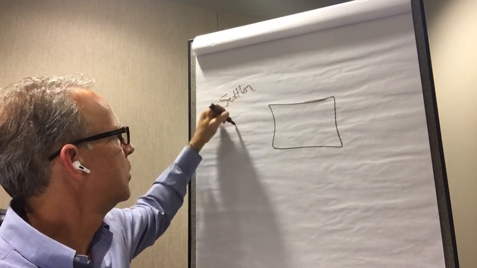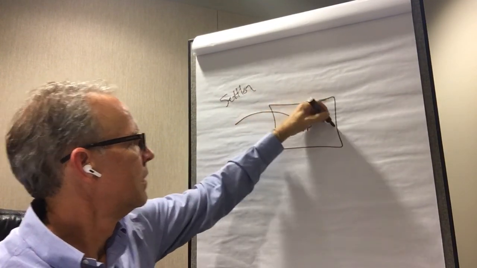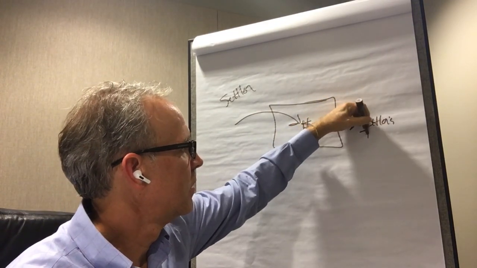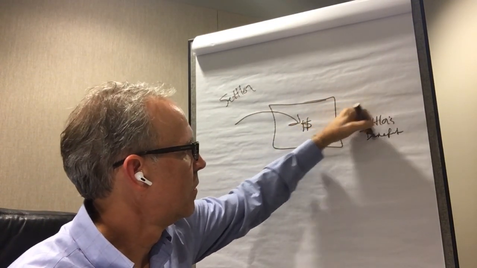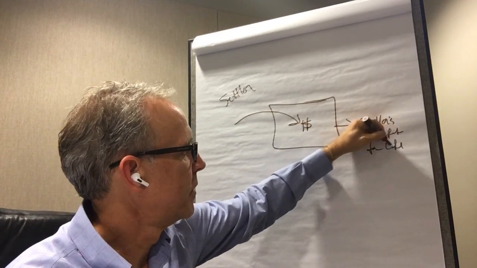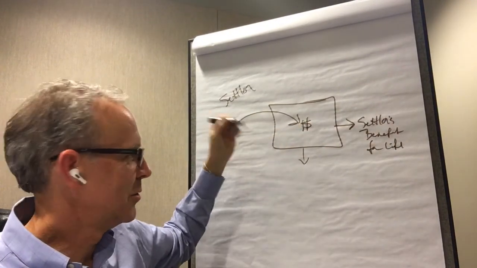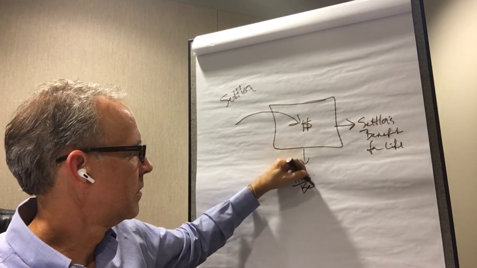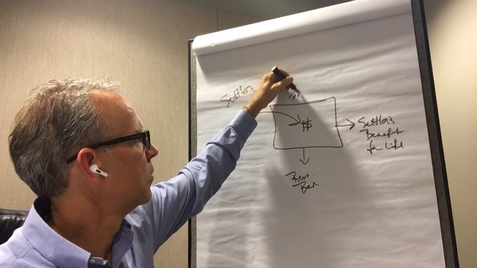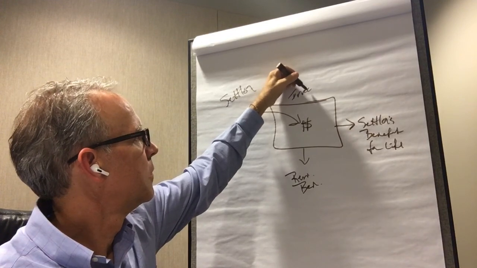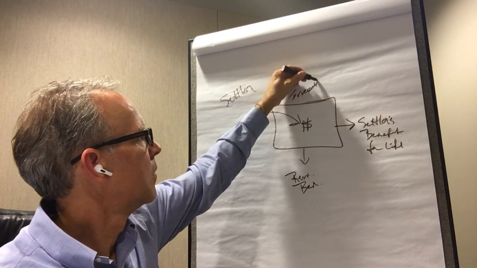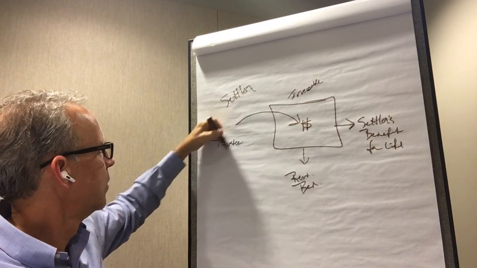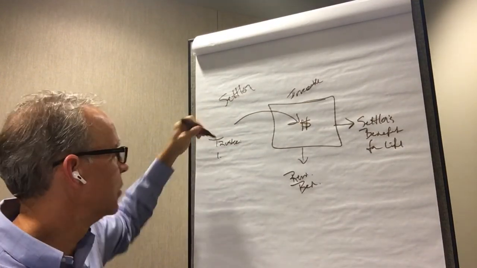the settlor puts money in for the settlor's benefit for life, and then it goes on to remainder beneficiaries. And this is irrevocable. And we have a trustee over here who is not the settlor, who is a bank.